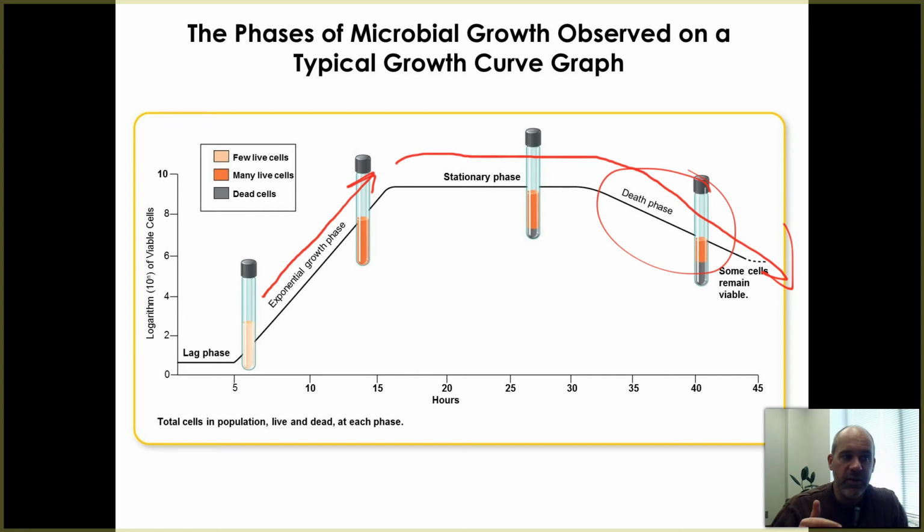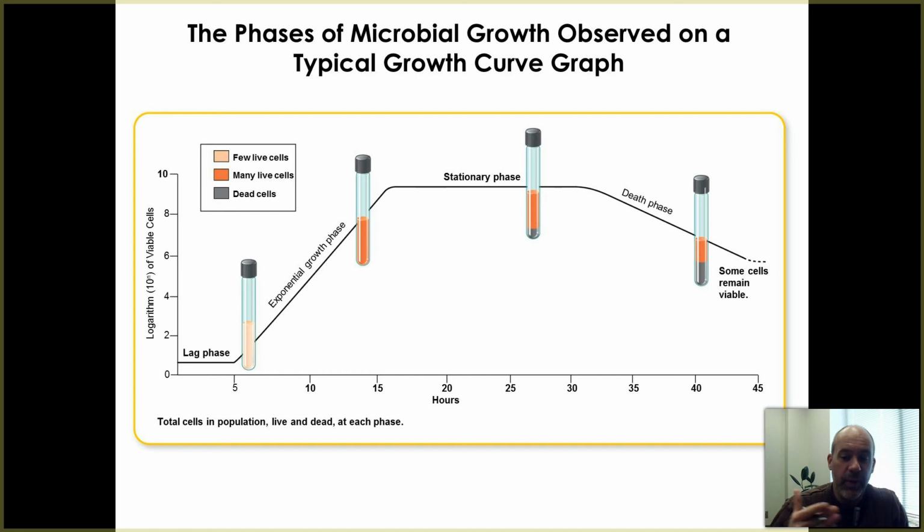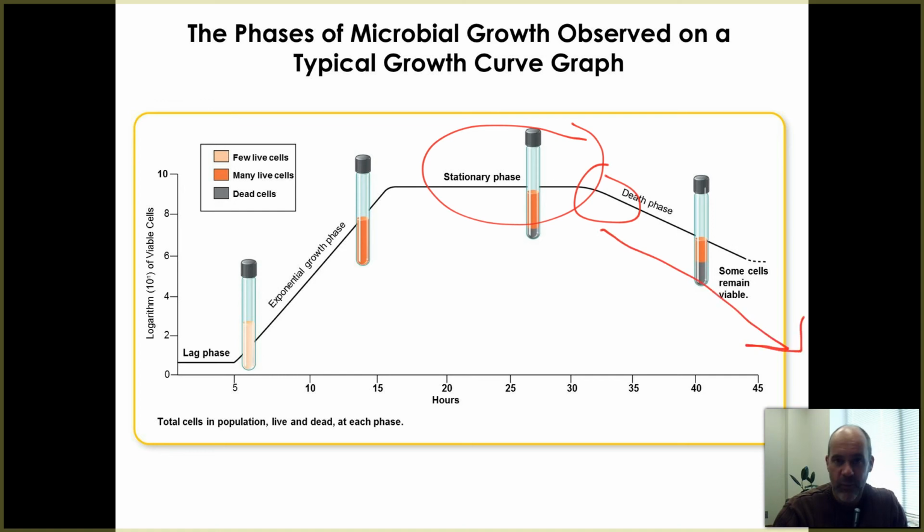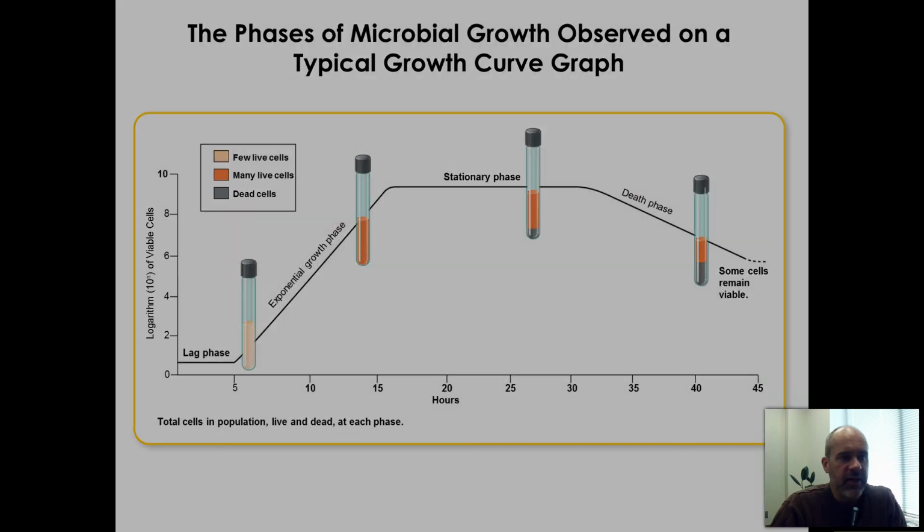So if you put it under refrigeration, so you're below the minimal growth temperature of your organism, your microbes can hopefully stay over here in the stationary phase or maybe early death phase over here, and they don't keep proceeding downward. So you're slowing down the metabolism or stopping their metabolism so that they just kind of hang out in a state of suspended animation, and you can keep your populations in that culture up here for some period of time.